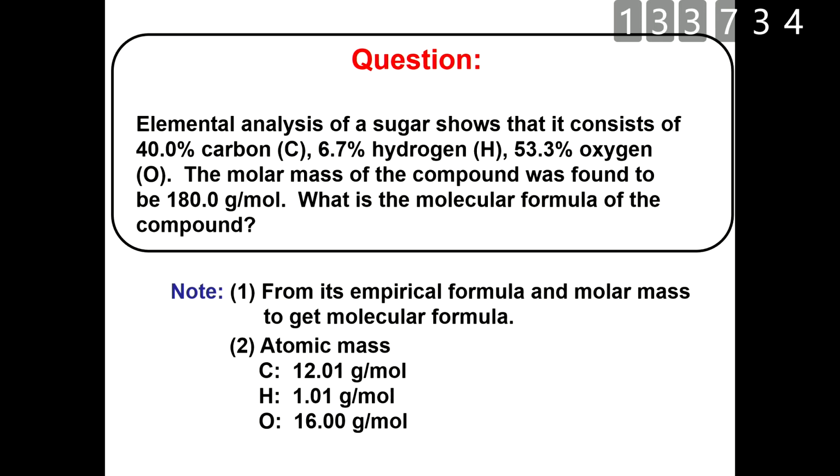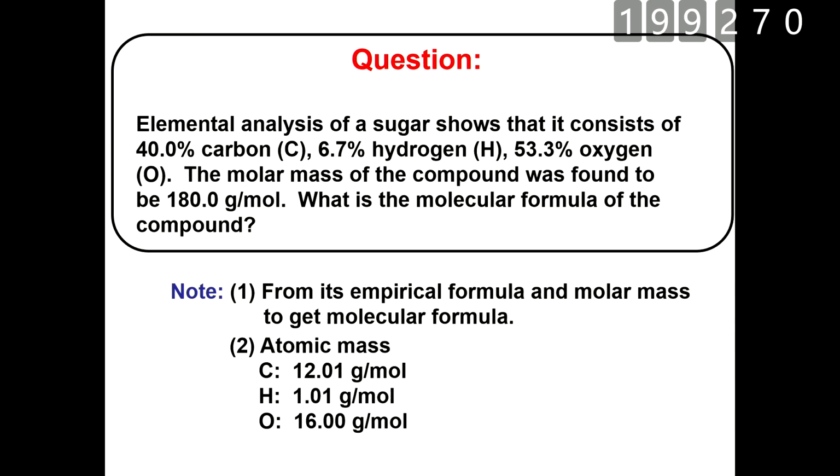It's 12 plus 1 times 2 plus 16, in brackets, times n. What you should calculate is the mass of the empirical formula. So the mass of carbon is 12, the mass of hydrogen is 1 times 2, plus 16 for oxygen.